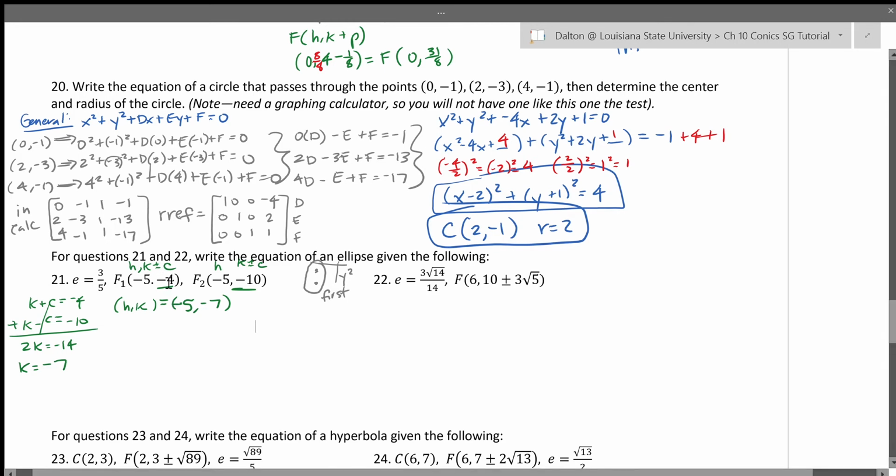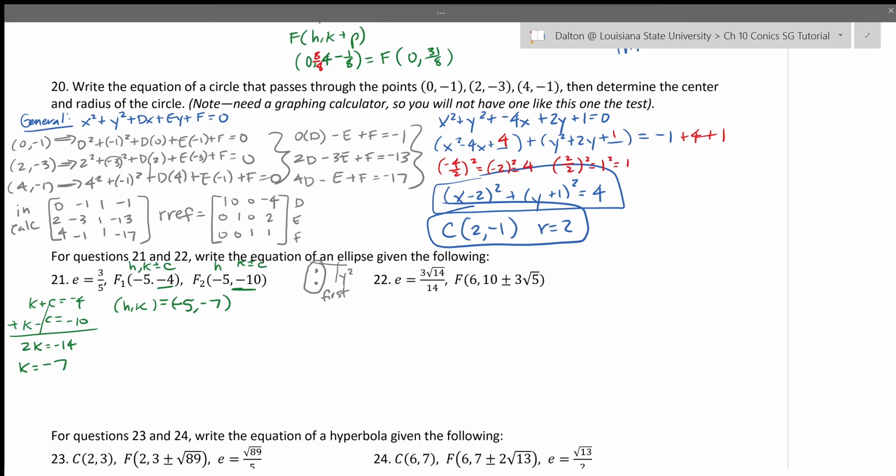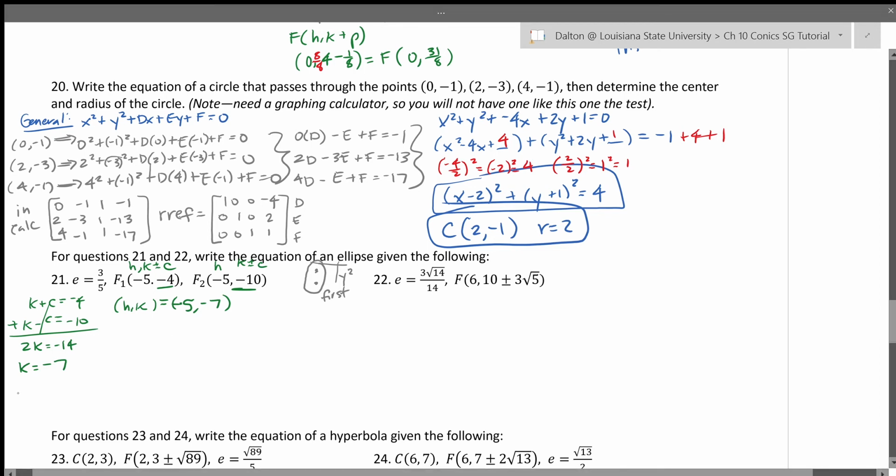If I know that -4 is k plus or minus c, so let's see, k plus c is equal to -4, but we just found that k is -5. So if I substitute that in, then -5 plus c is equal to -4.